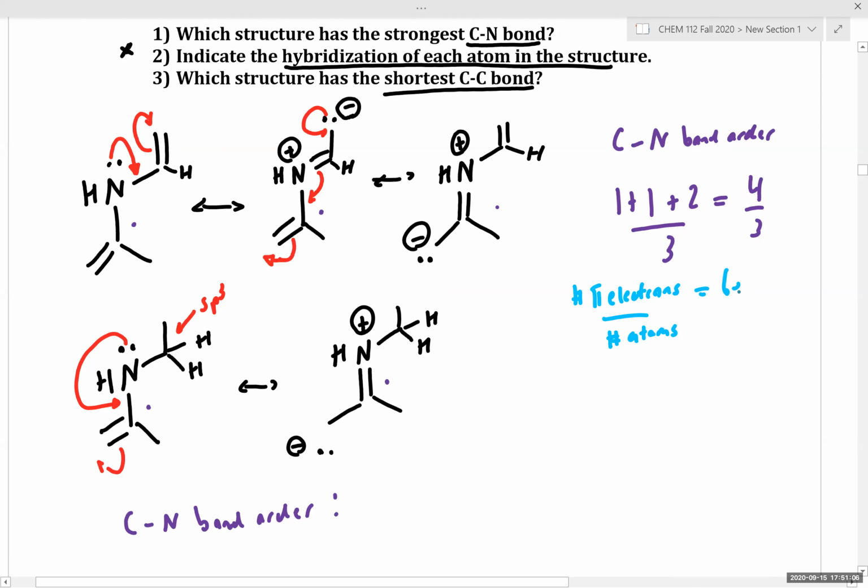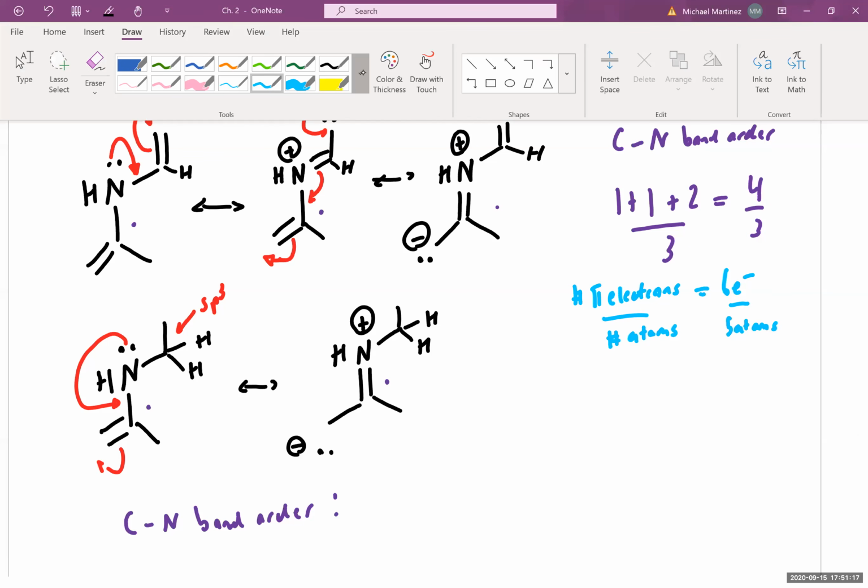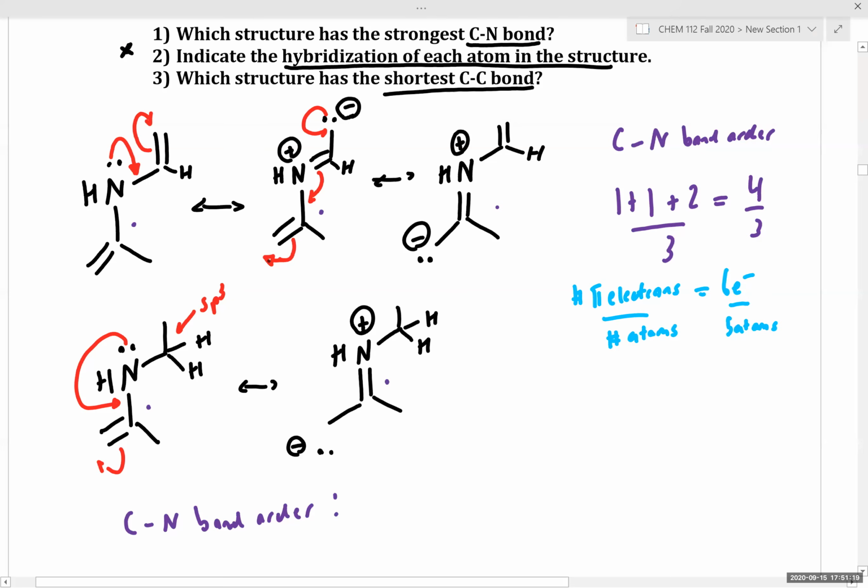In this case, we'd have 6 electrons distributed over 5 atoms. I personally prefer the bond order method, but both of these methods can give you a sense of the relative bond strength and the relative amount of electron density in each bond.